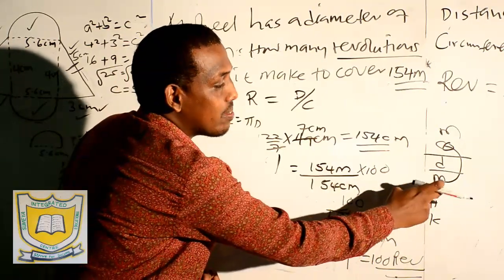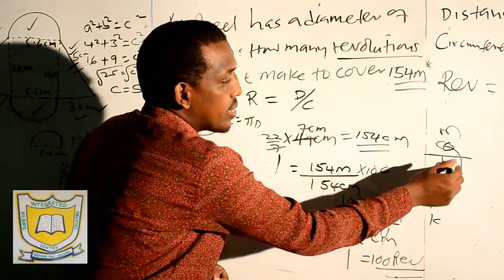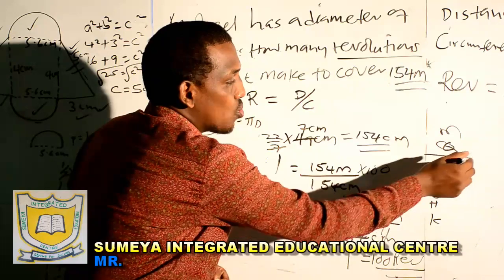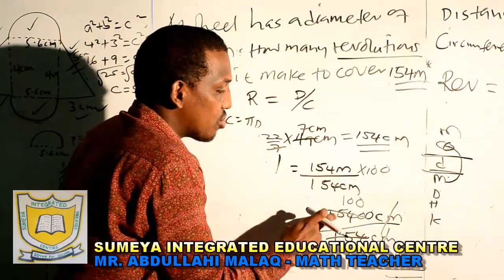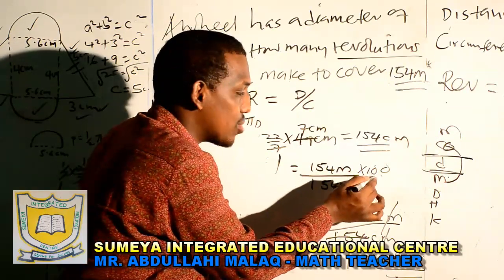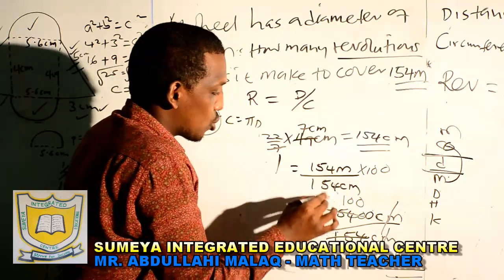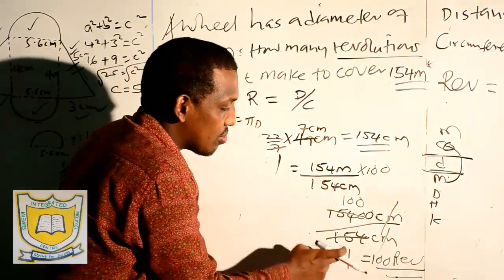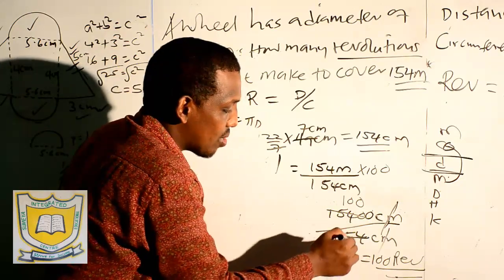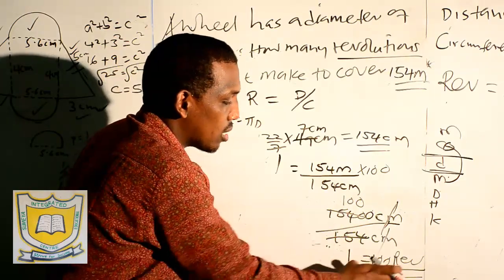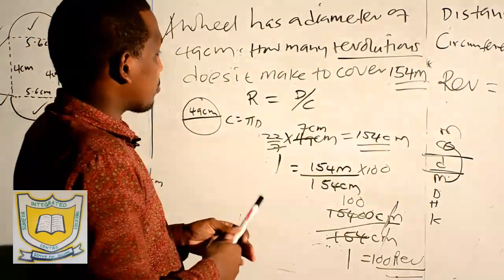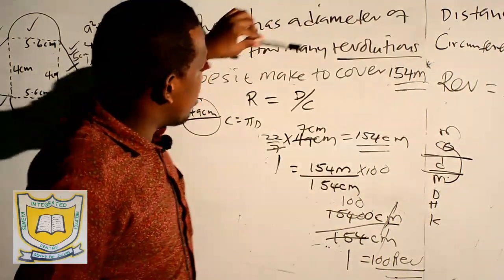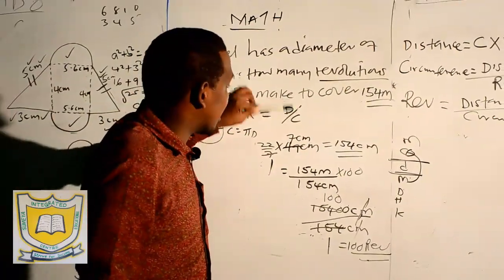Meter to centimeter, you go up, times 100. So 154 now times 100. We are changing the meter to centimeter. So it will be 154 times 100 centimeter over 154 centimeter. You get 100 revolutions. So what you do now, you only divide the distance and the circumference.